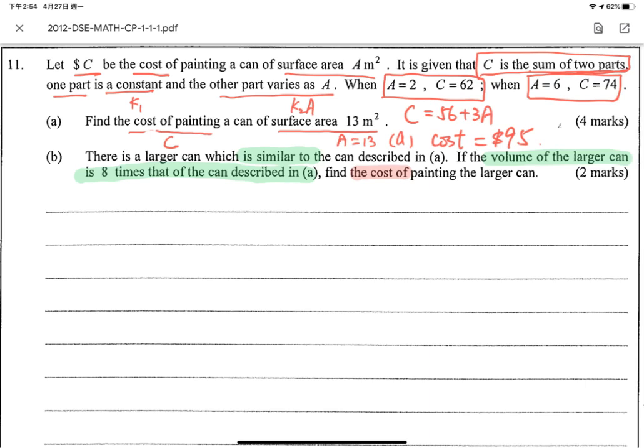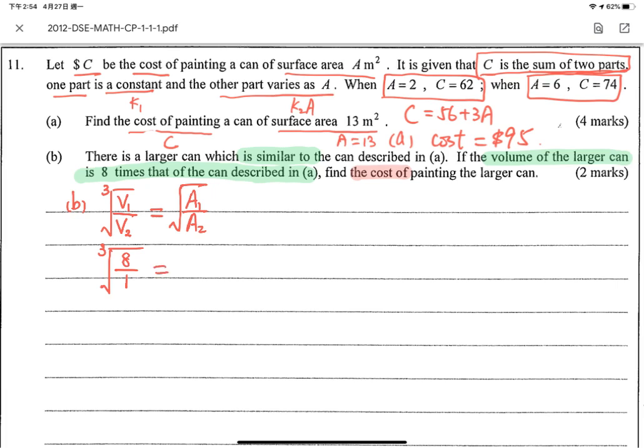For part B, the volume of the larger can over the volume of the smaller can, taking the cubic root, equals the ratio of areas, taking the square root. For the larger can and the smaller can, the volume ratio is 8 to 1, and we take the cubic root.